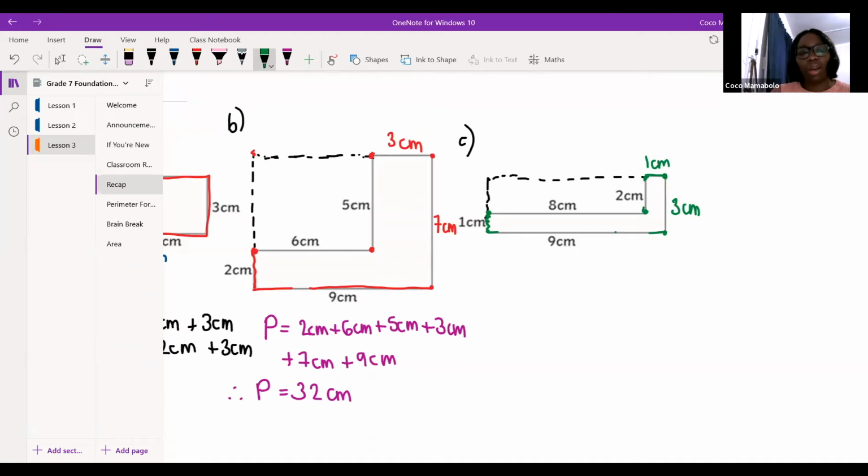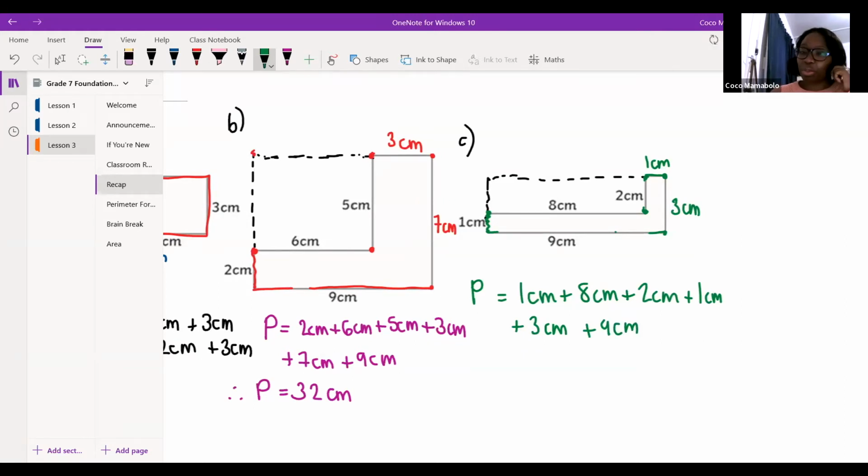Now, if I add them all up together, put your therefore P is equal to in the chat for me. P is equal to 1 centimeter plus 8 centimeters plus 2 centimeters plus 1 centimeter plus 3 centimeters plus 9 centimeters. Teacher Cat, I'm so proud of myself.